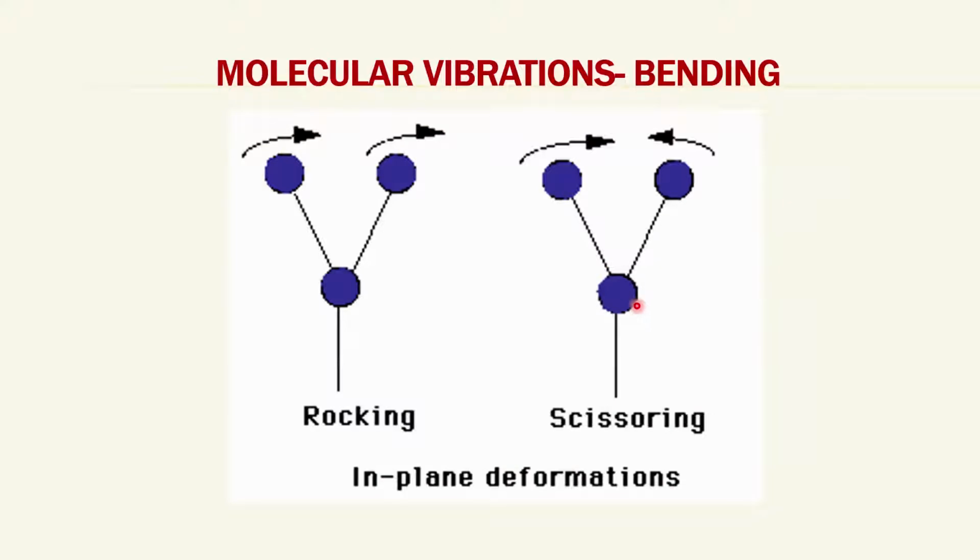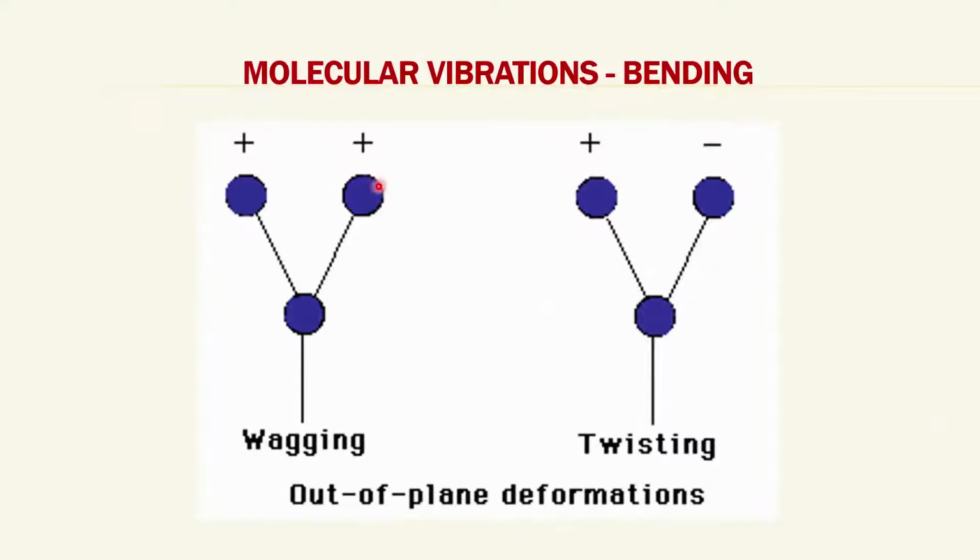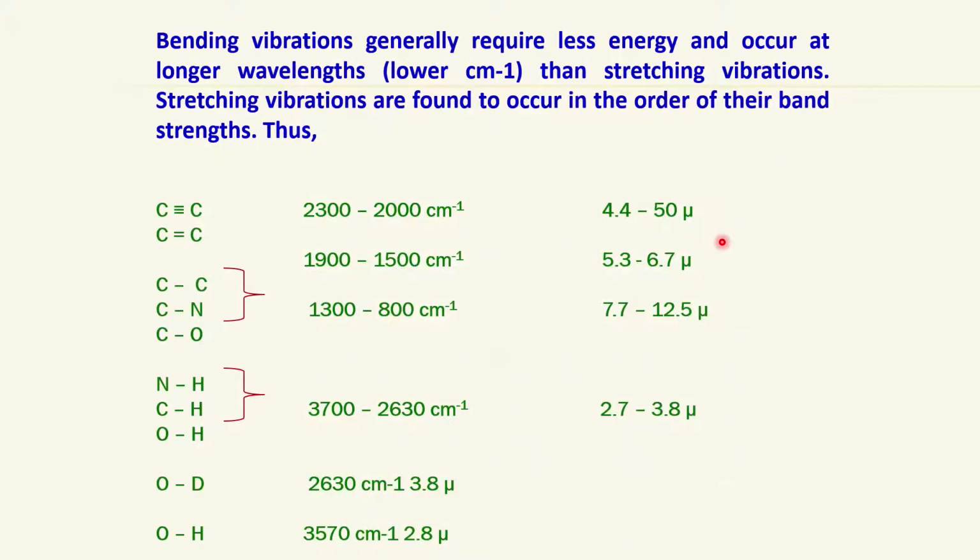And then I have 4 bending vibrations, 2 of them are in plane, they are known as rocking, another one is scissoring, and the next one is wagging, and twisting. Okay. So, these are the different kinds of vibrations generally occurring in infrared spectroscopy.